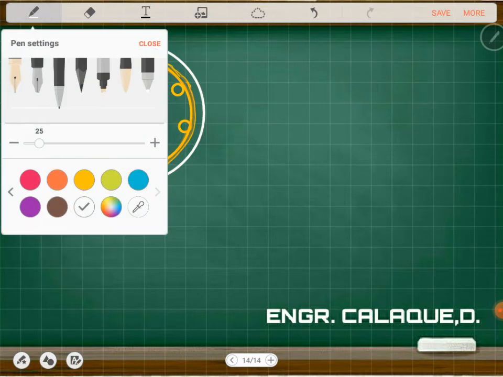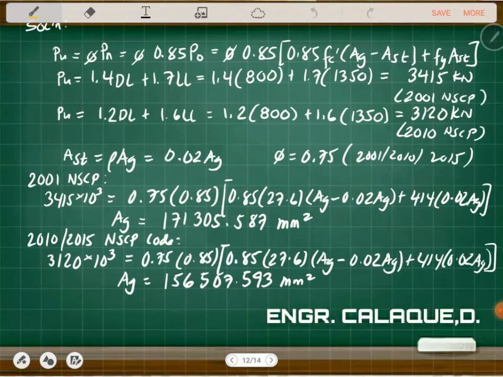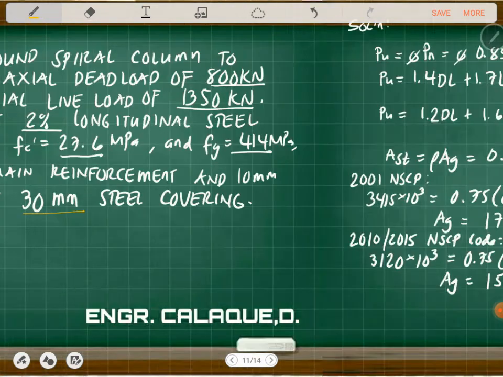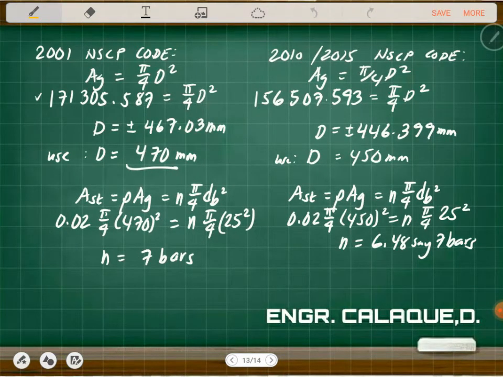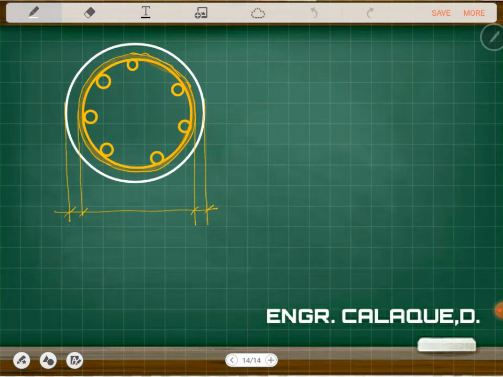Okay, so ngayon kukunin natin yung core nya, yung dito, and then dito kukunin natin yung core. Ayan, so meron tayong cover na binigay sa problem na 30 millimeter. So we have 30, and then dito 30.